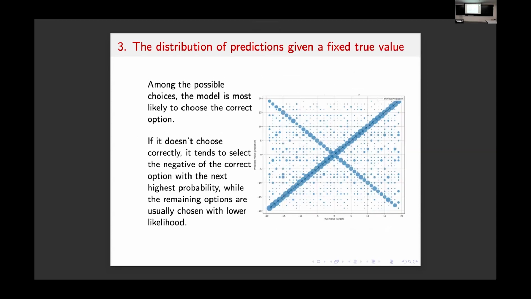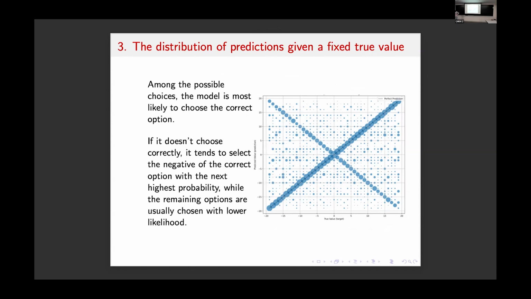Okay, now we wanted to see, well, what was it actually predicting? The way to read this is that you're fixing a target on the x-axis, and then going up, you see the proportion of what it chose. So if we're here at -15, most likely it actually chooses the right option among all the other options.